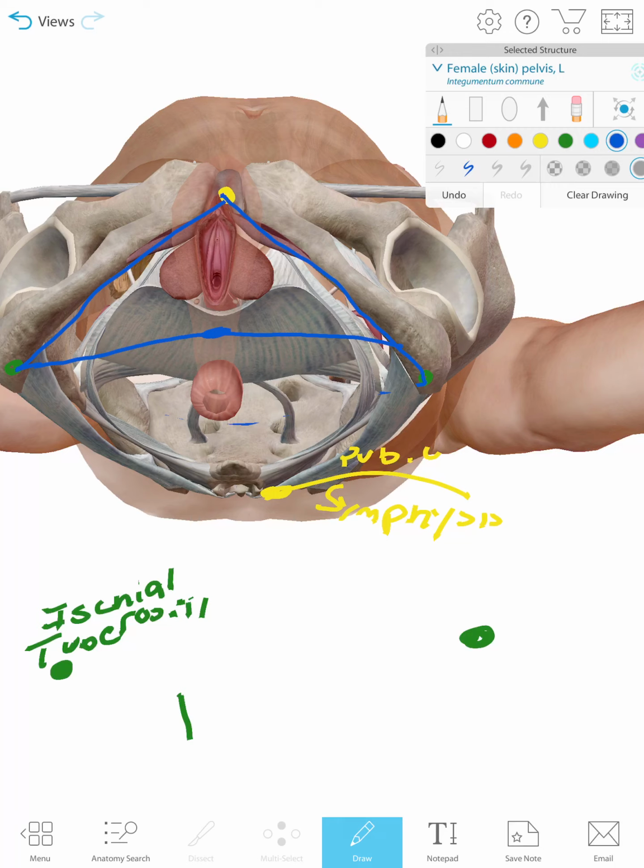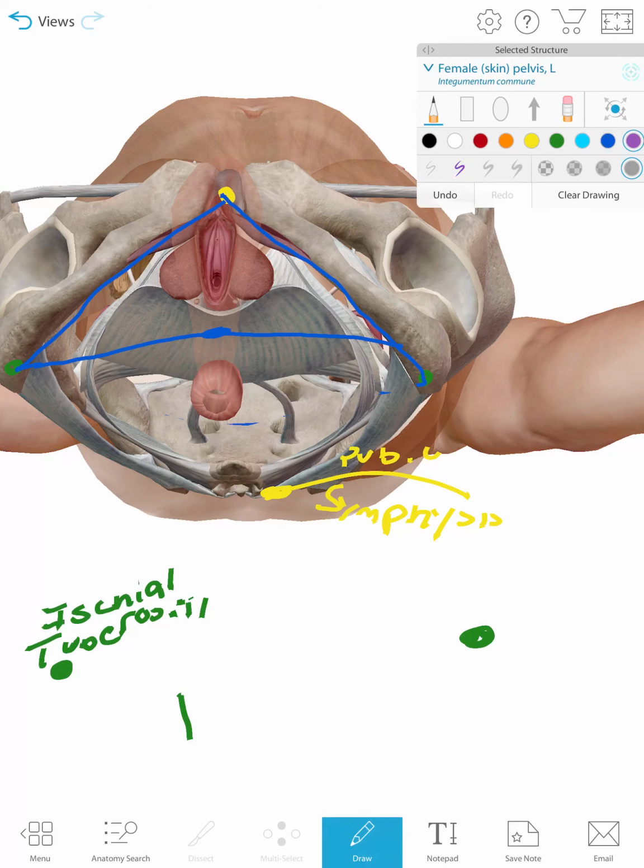Remember what the perineum was? That was the distance, that was the region between the vaginal orifice, which is over here, and the anal orifice, which is over here. The anterior portion of the perineum, right, also makes up the urogenital triangle.